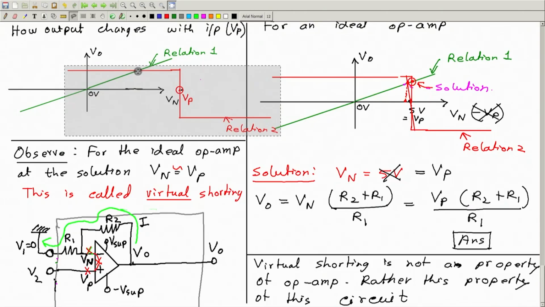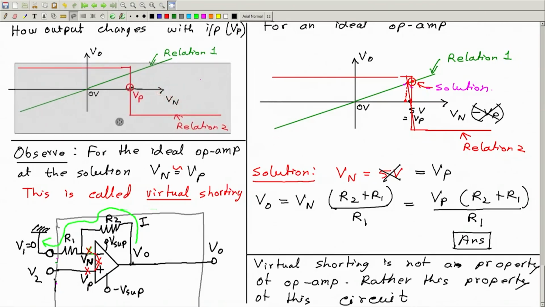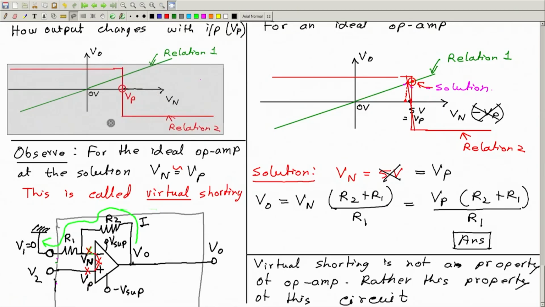And therefore Vn is here, so this is Vn, and Vp is here, so Vn and Vp are not the same. So once the circuit saturates because the input is too high, this virtual shorting is not going to be true.